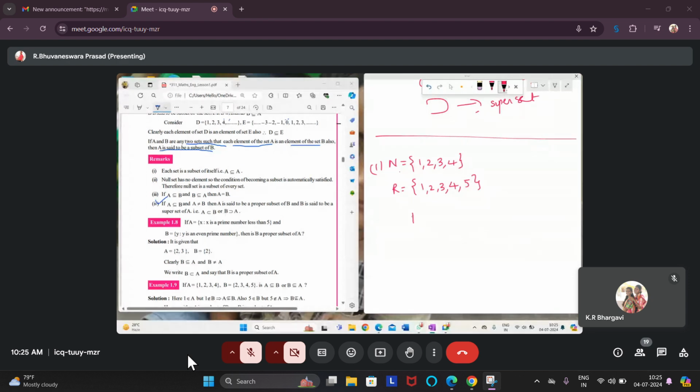So that means n is a subset of r, right? r is the biggest set, so n is called a subset of r. Yes, n is called a subset of r. So there are no equal elements.